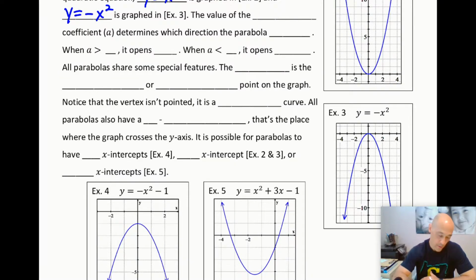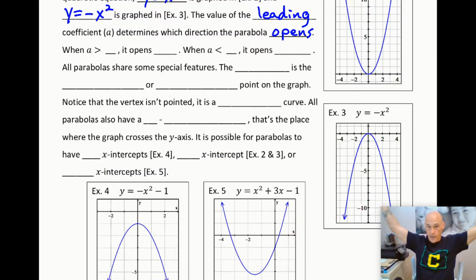The value of the blank coefficient a. Oh, that's the leading coefficient. So a is called the leading or the lead coefficient in a quadratic. So the value of the leading coefficient a determines which direction the parabola opens. So it opens up or it opens down.